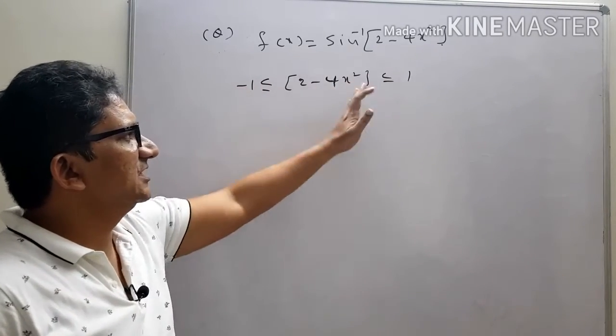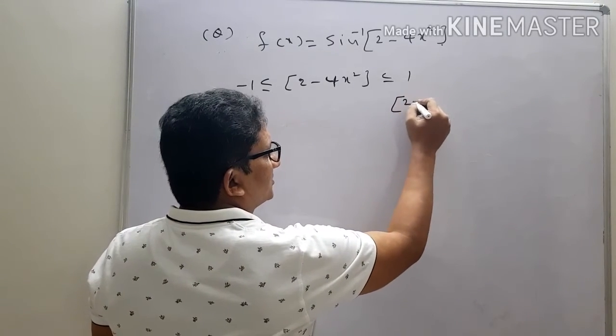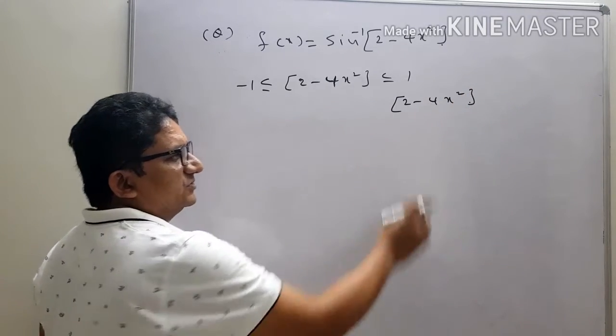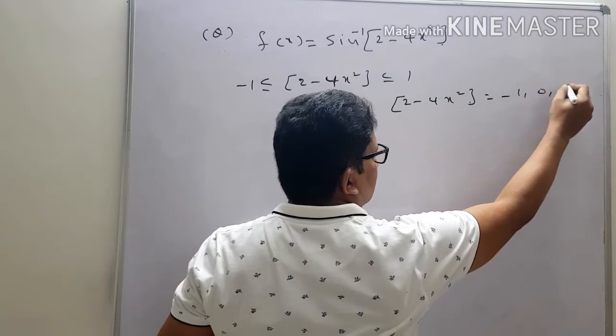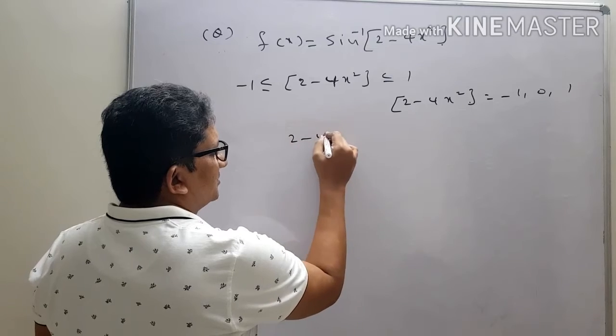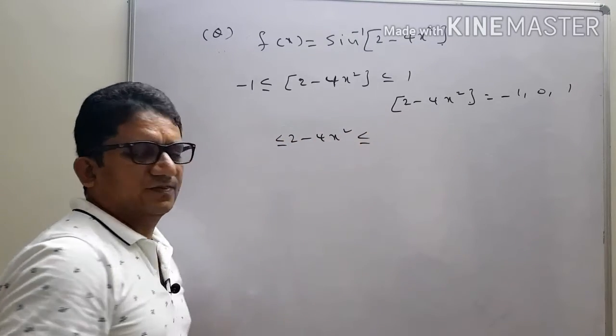If the function lies in between minus 1 and 1, what are the integral values it takes? That means what are the integral values 2 minus 4x square takes? It takes minus 1, 0, 1. Now we need to analyze, if that is the case, 2 minus 4x square lies in between which two values?